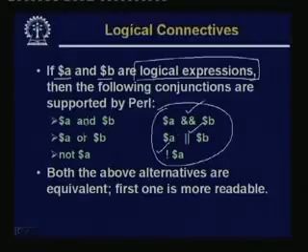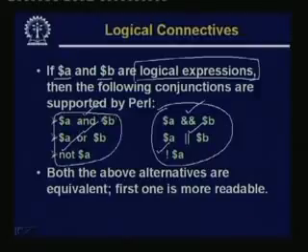But the first is much more English like and easier to understand: and, or, and not. So, it is recommended that we use this style in Perl, so that your program becomes easier to read and understand. As I said, both the above alternatives are equivalent, but the first one is more readable, and so it is recommended that you use the first one in your programs or applications.